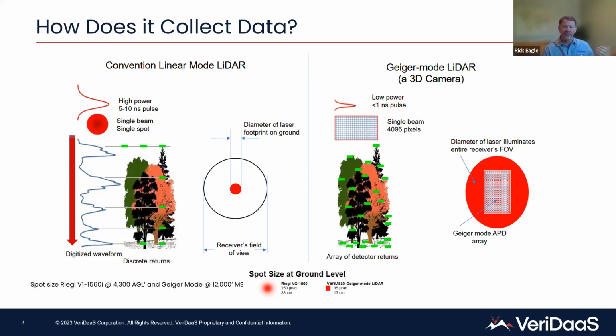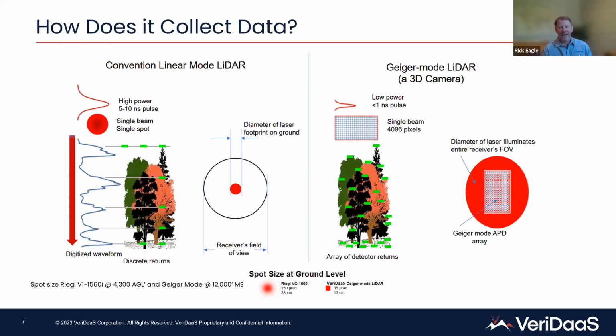It's recording the first returns, as you're probably well aware, and the last returns, and different returns throughout that canopy. In our system, we have a smaller beam size. Every time our beam is fired, we have the opportunity to collect 4,096 returns. We're actually measuring at the single photon level. So all of that information is coming back to this highly sensitive Geiger mode array, and we can get all of those returns every time the laser pulses.